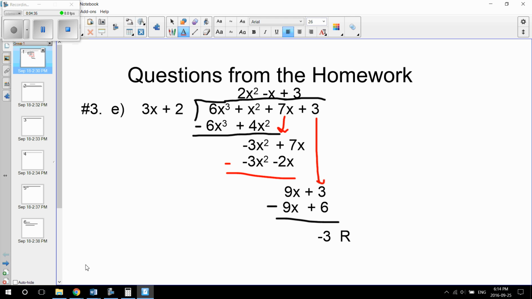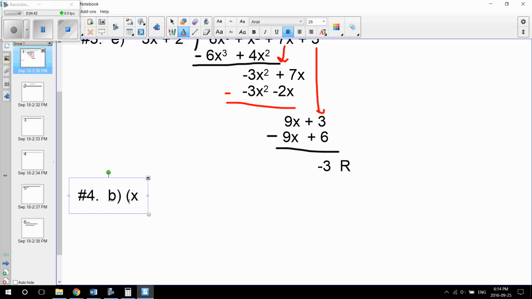The other question that I'm going to look at is number 4, and it's going to be part B. In number 4, you're given an already factored piece.